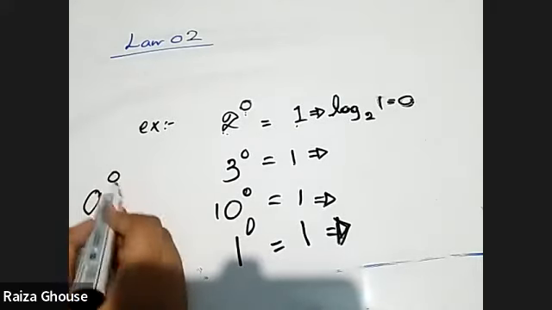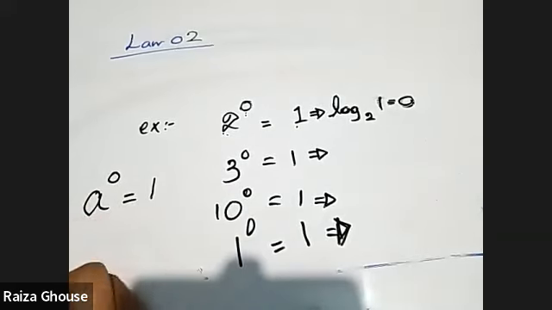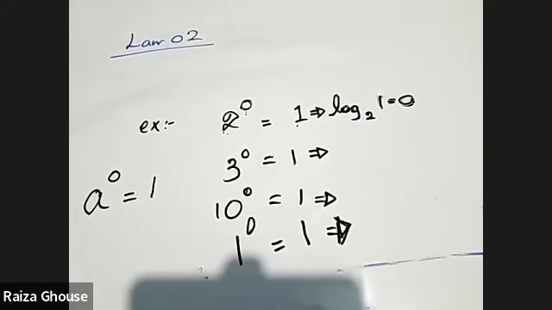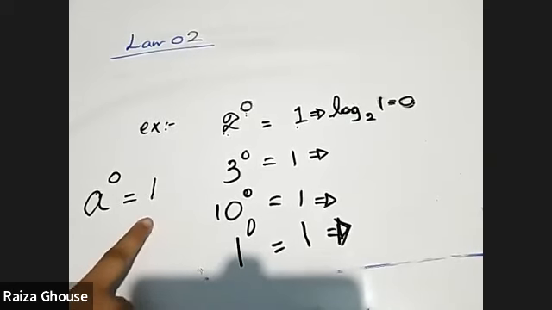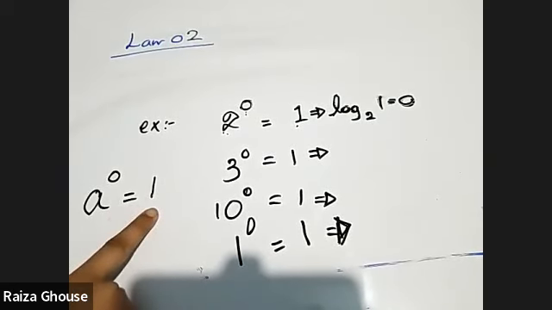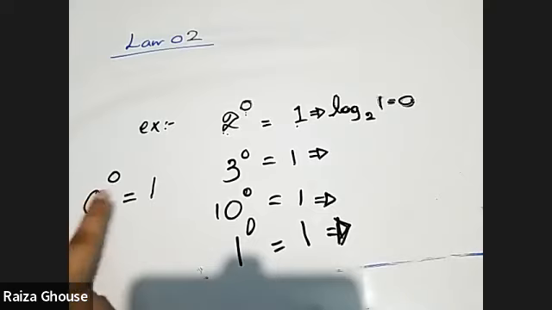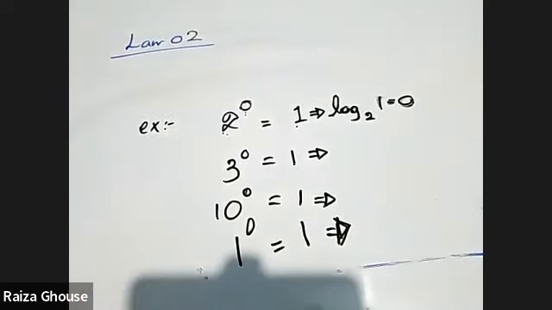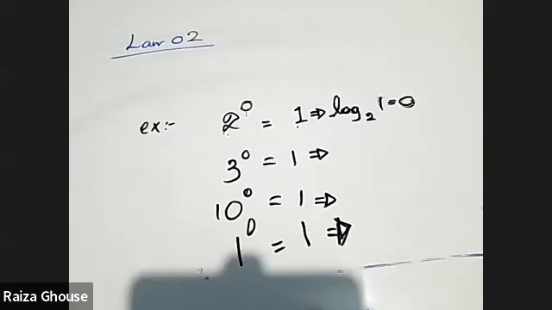If your index is 0, value is always 1. Yes, you can say it in this manner also, but what I want to tell you is that base and value are both different. Okay, now copy down this and write the logarithmic form in front of that.